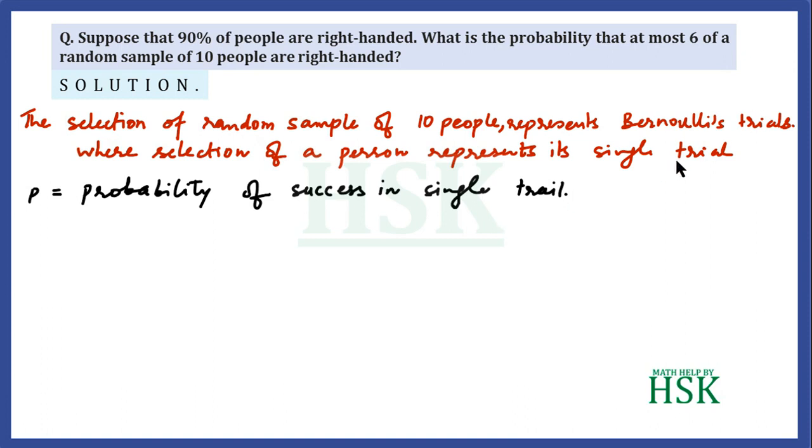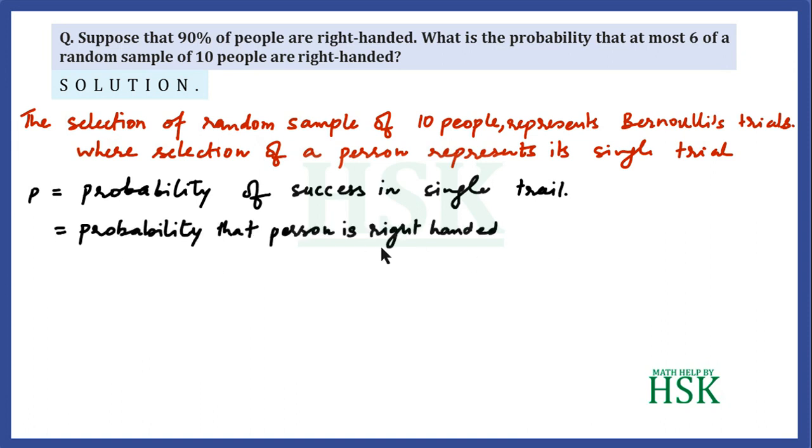When we talk about Bernoulli trials, each trial has 2 outcomes, one of success or of failure. So P represents the probability of success. Success in this case is selecting a right-handed person, and failure would be selecting a person who is left-handed, or not right-handed.